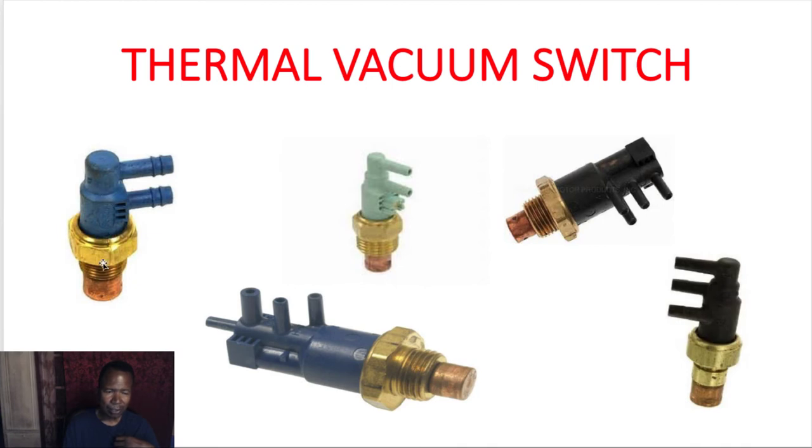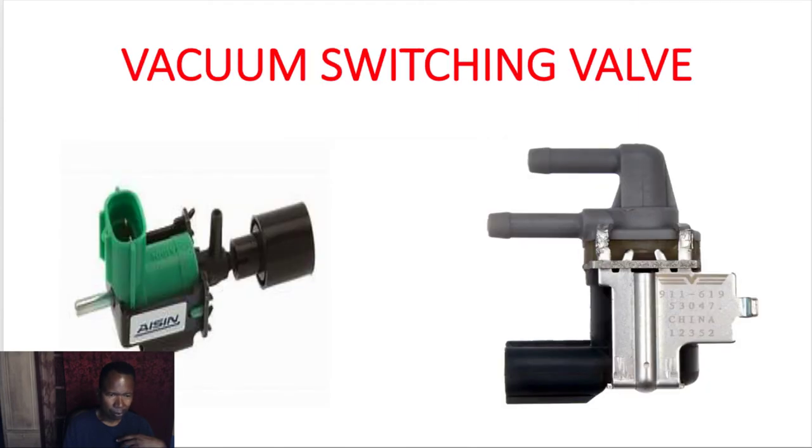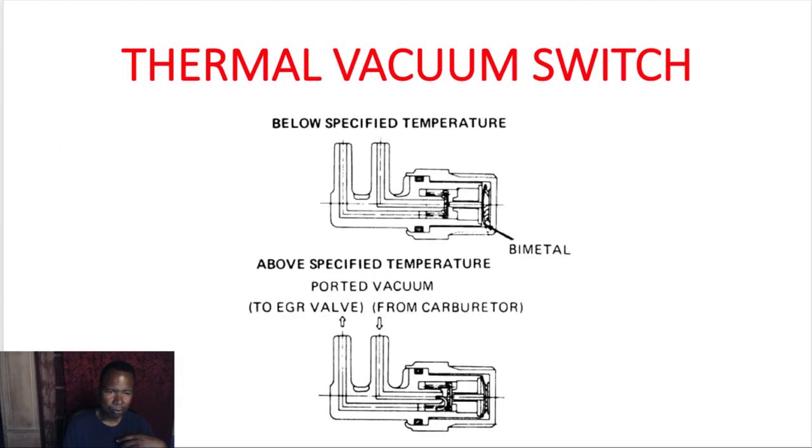Once it heats up, a wax element in here pushes the check valve up, then lets the vacuum through and out. So these are called thermal vacuum switches. Here are the other vacuum switches, you see electrical signals. Back to the thermal vacuum switch again, we already explained that.